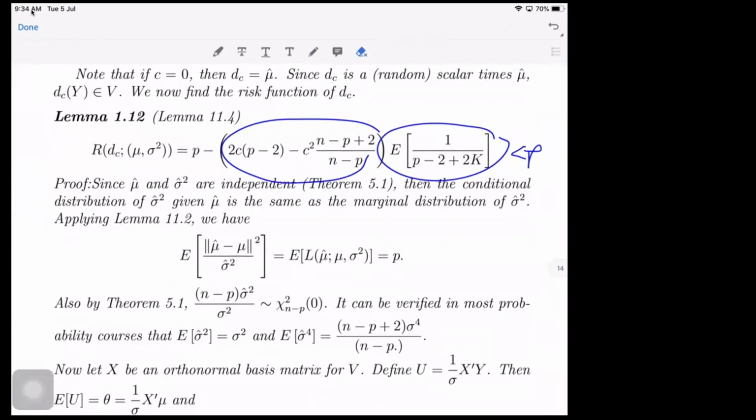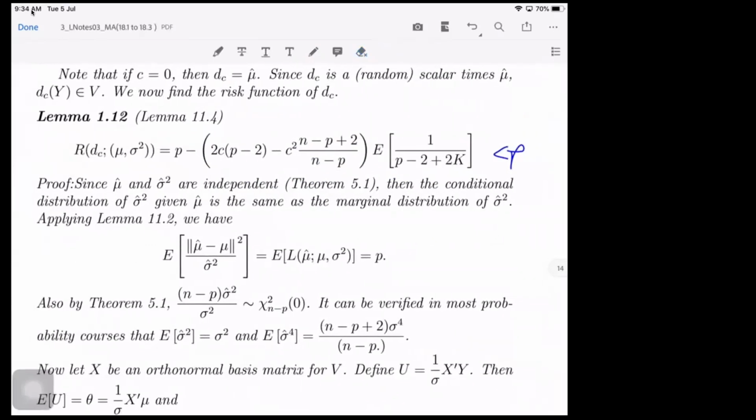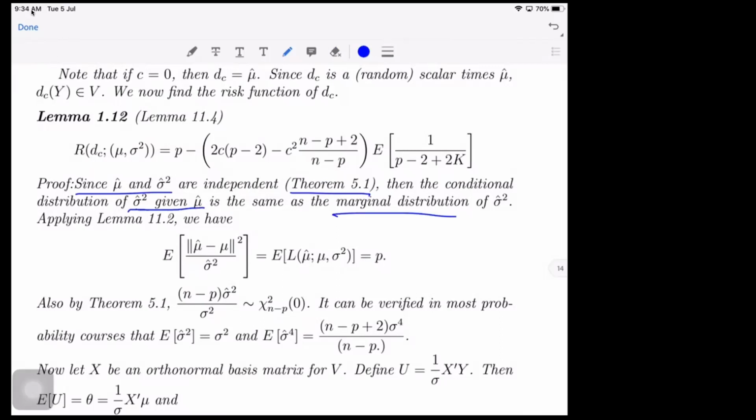So let us look at the flow of the proof here. We know that mu hat and sigma hat square are independent by this theorem, theorem 5.1. Then, since they are independent, the conditional distribution of sigma hat square given mu hat is the same as the marginal distribution.